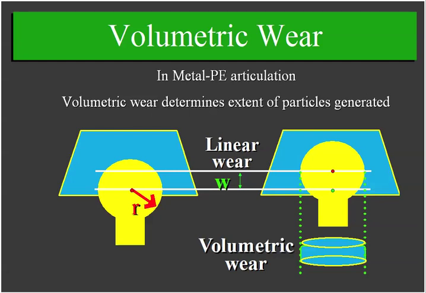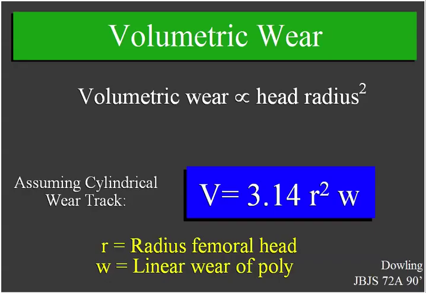When you wear into a cup, you actually are wearing through a cylinder, and the formula for that cylinder is volume is pi r squared times the linear wear rate, which is W. The point here is that volumetric wear is directly related to the radius of the head squared. A larger head generates more polyethylene debris, which equates into more potential for osteolysis. Okay? So it's the square of the radius.